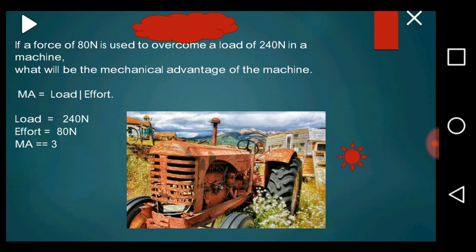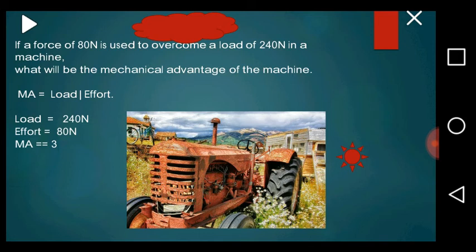From our question, we're given the load to be 240 Newton, while the effort is 80 Newton. If we divide 240 by 80, you get 3. And note that there's no unit for mechanical advantage because the 2 Newton in the variables will cancel out, leaving only 3 as the answer.